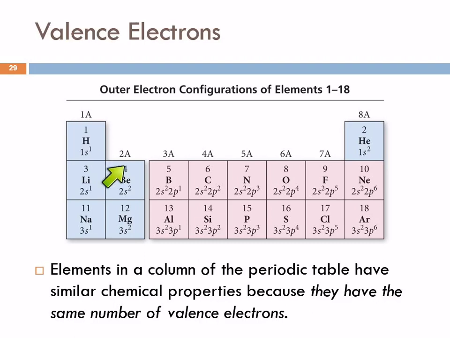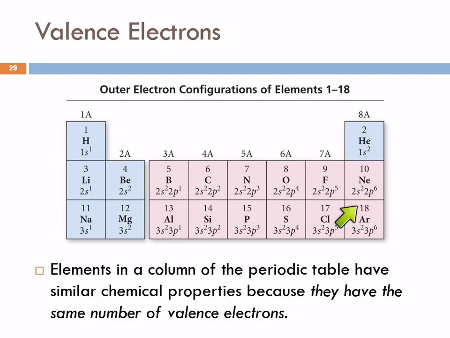So here's group 1A, 2A, 3A, etc. If we look at their electron configurations and just look at the highest occupied floor in the crazy hotel, the quantum hotel, that's what it was, we see that lithium has 2s1, hydrogen has 1s1, sodium has 3s1. They all have 1 electron in the highest principal energy level. This is why they have very similar chemical properties.